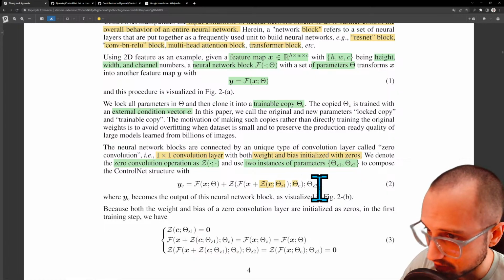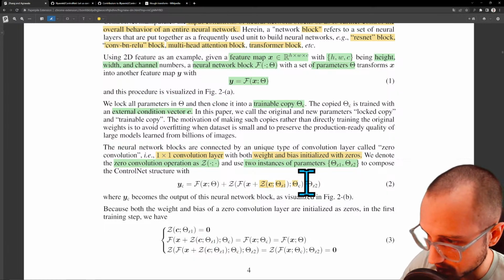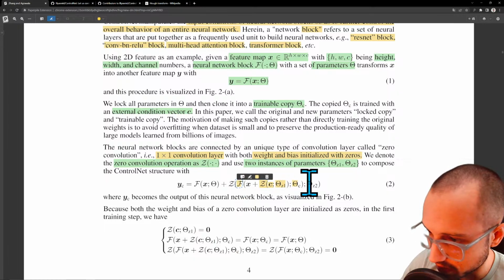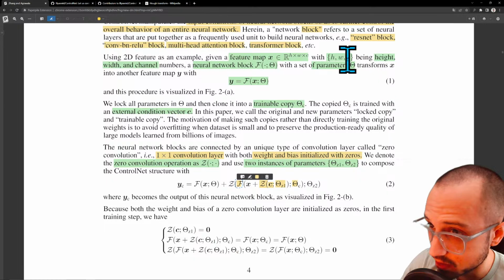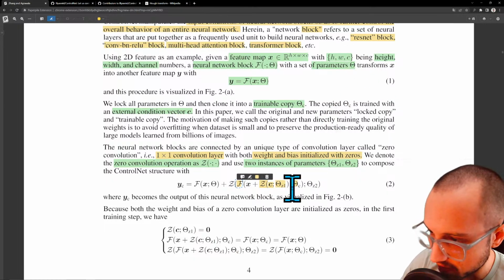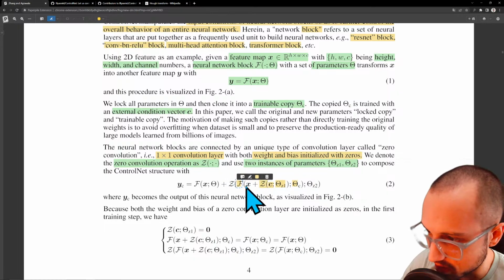So copied weights, or no, here, the F here is with the weights. So the copied weights are for F. Anytime you see theta or theta c, those are the weights of F. Anytime you see theta Z1 and theta Z2, those are the weights of the zero conv.